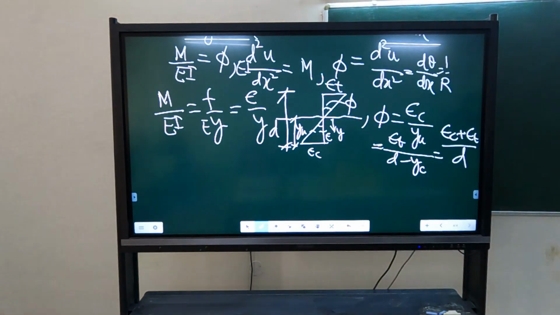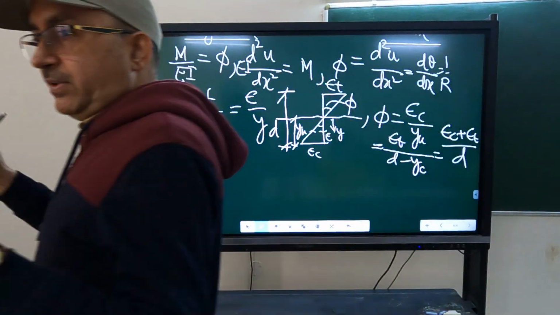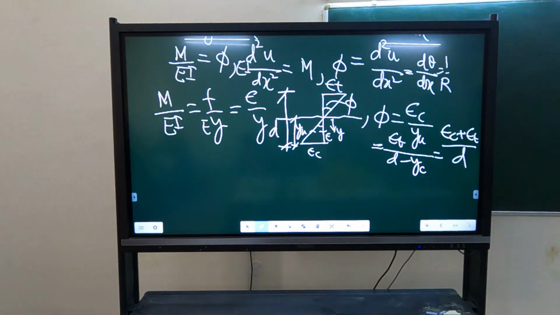Now in which case may this assumption not be valid? We discussed that also. Those beams which have large shear stress and large shear deformations, there it will not be valid. So for slender beams, this assumption is valid. For deep beams, if L by D is less than 2, then this will not be valid.